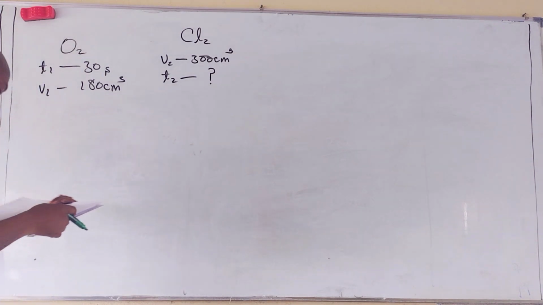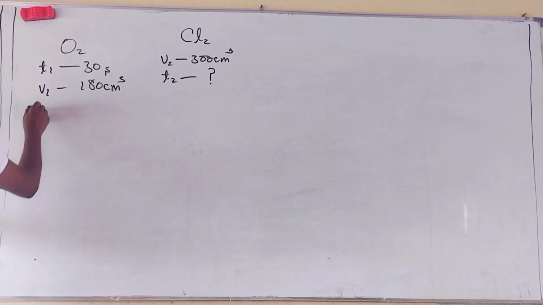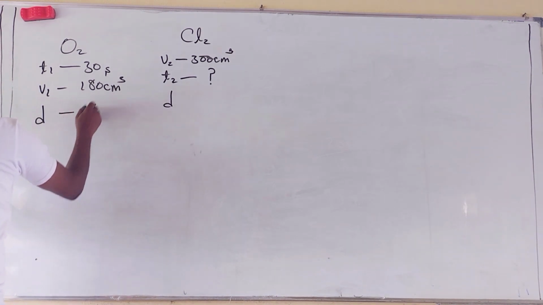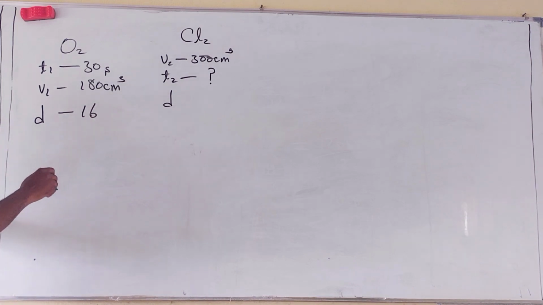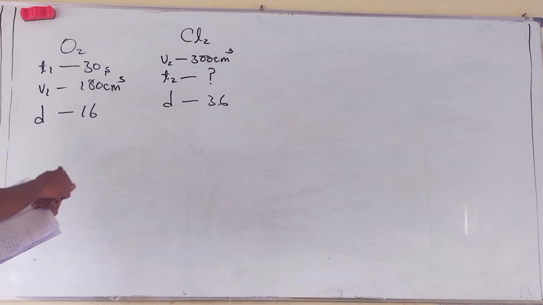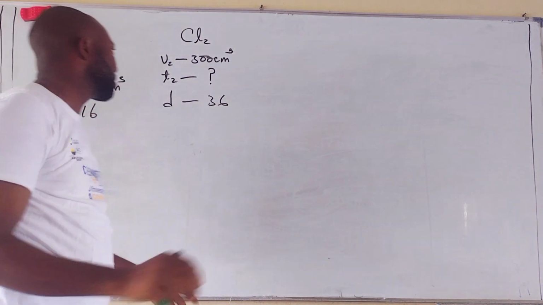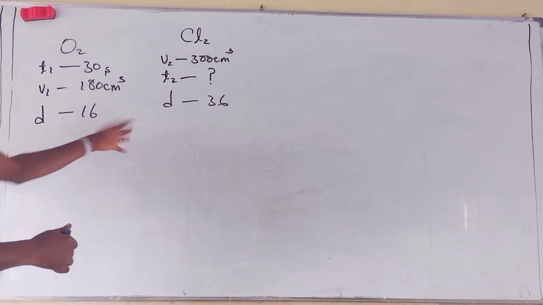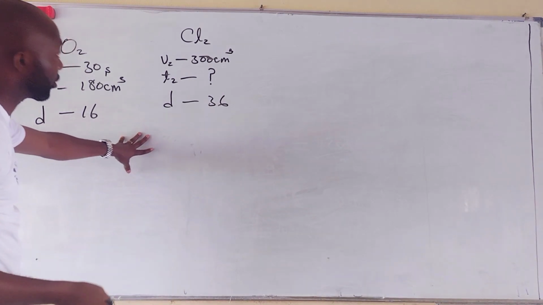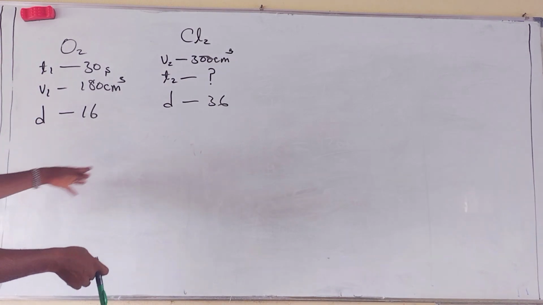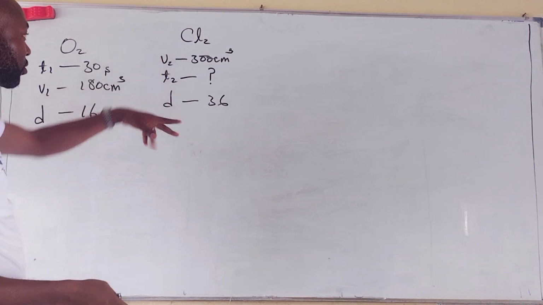Vapor density of oxygen is 16, and that of chlorine is 36. Remember, relative molecular mass is equal to 2 times its vapor density. So I don't need to deal with the D directly, although I can still use the formula R1 over R2 is equal to the root of D2 over the root of D1.